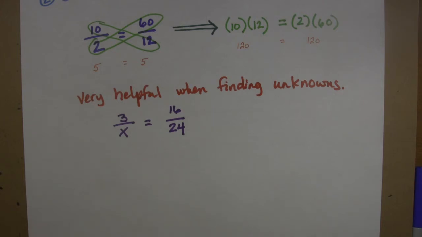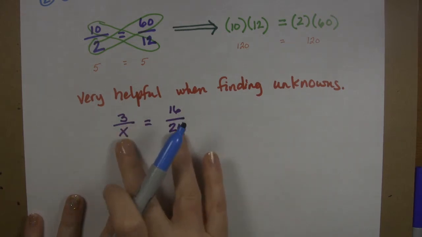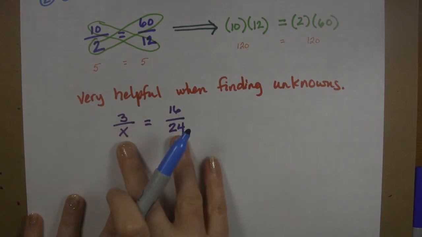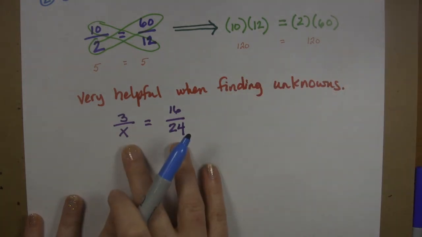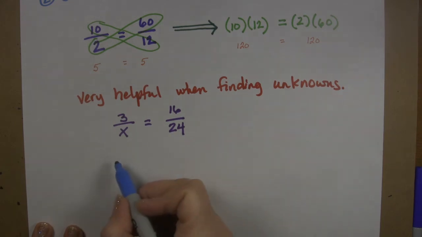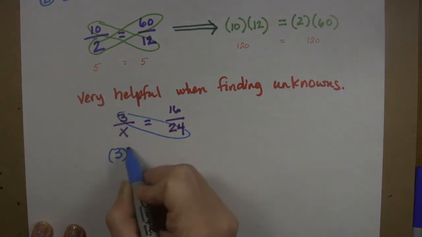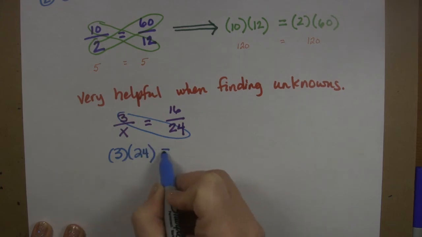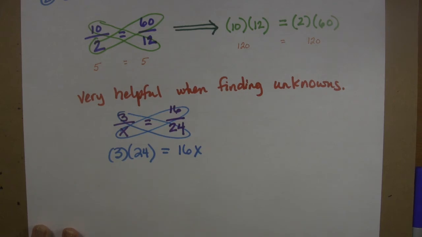But I'm going to suggest that we do something else. I'm going to suggest that we manipulate this proportion by using our cross multiplication into an equation that we can actually solve. So I'm going to say, all right, 3 times 24 equals 16x, 16 times x.